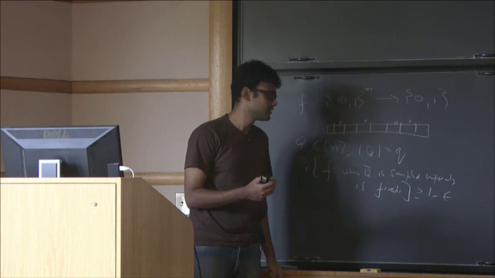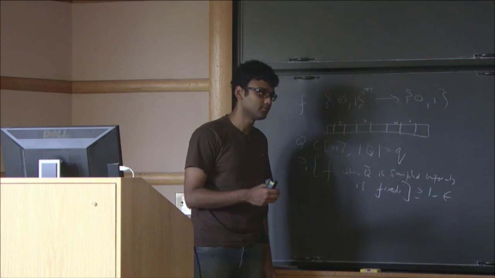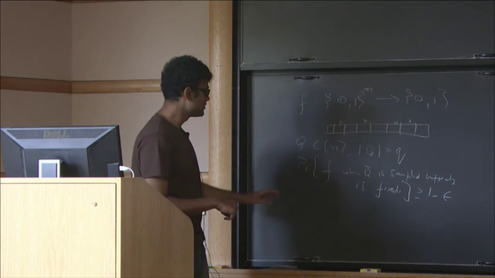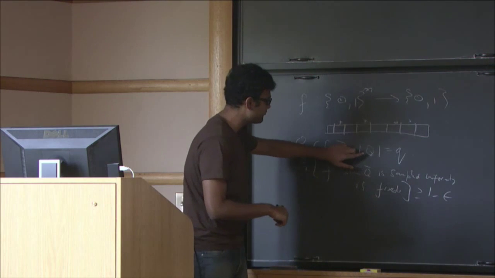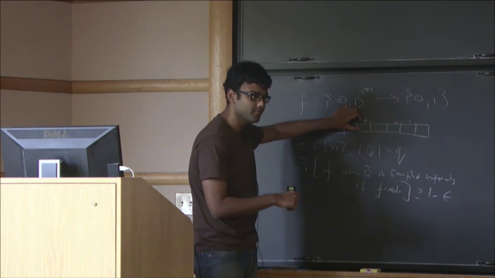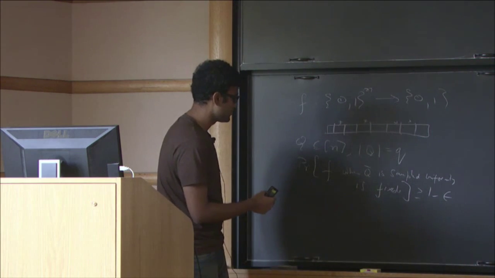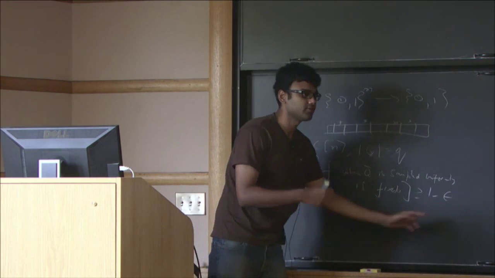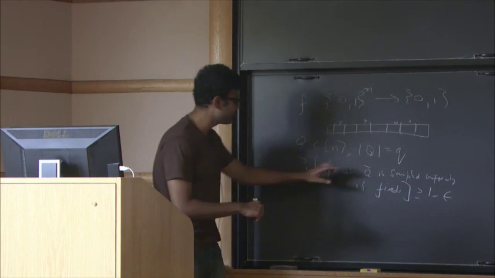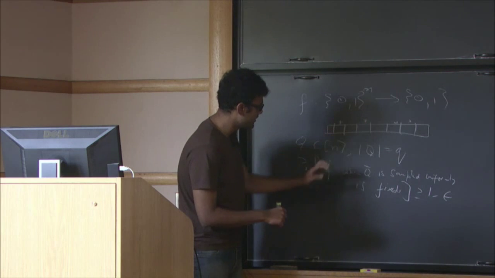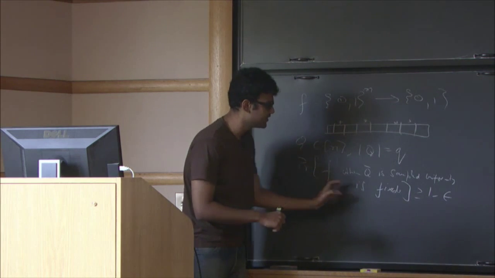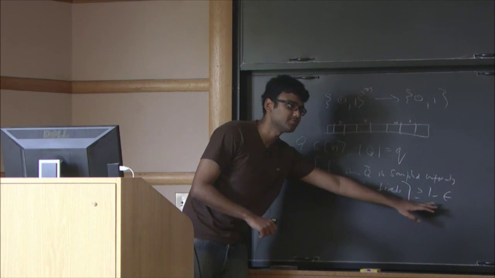For parity, does parity satisfy that thing? Even if Q has one coordinate, then the probability that f is not fixed is 1, right? So epsilon should be 0 there.